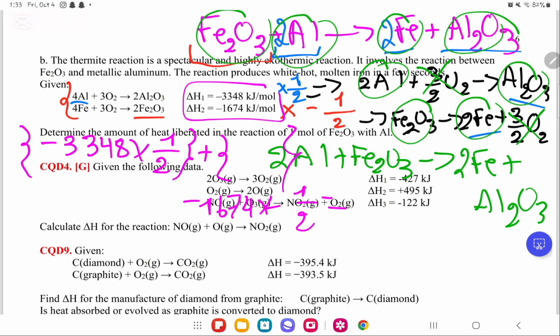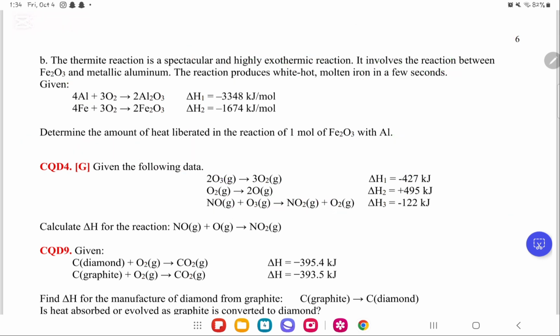If we do it on the calculator, we're gonna get negative 837 kilojoules per mole.